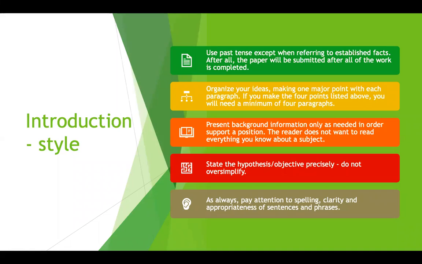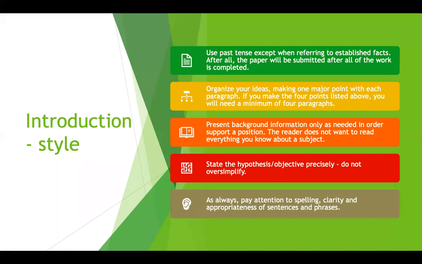Present background information only as needed in order to support a position. The reader does not want to read everything you know about a subject. So present background information concisely, where needed. Otherwise, just avoid explaining the basics of everything. State a hypothesis or objective precisely.